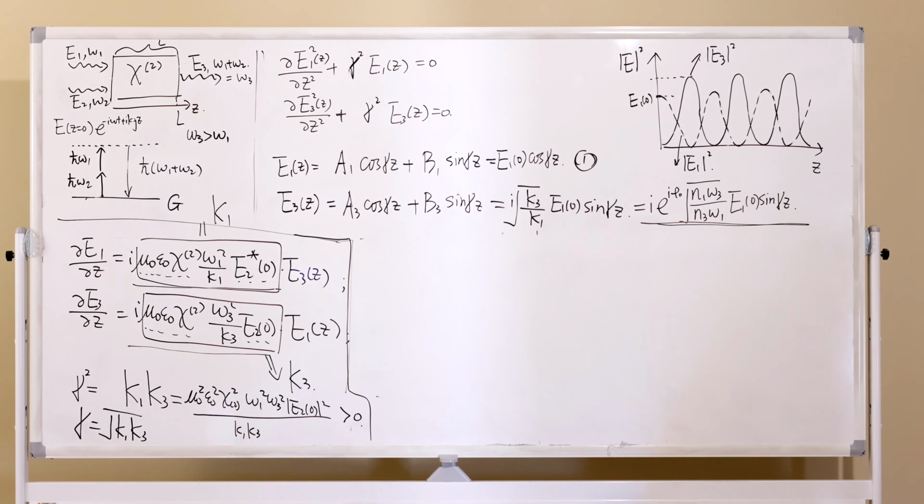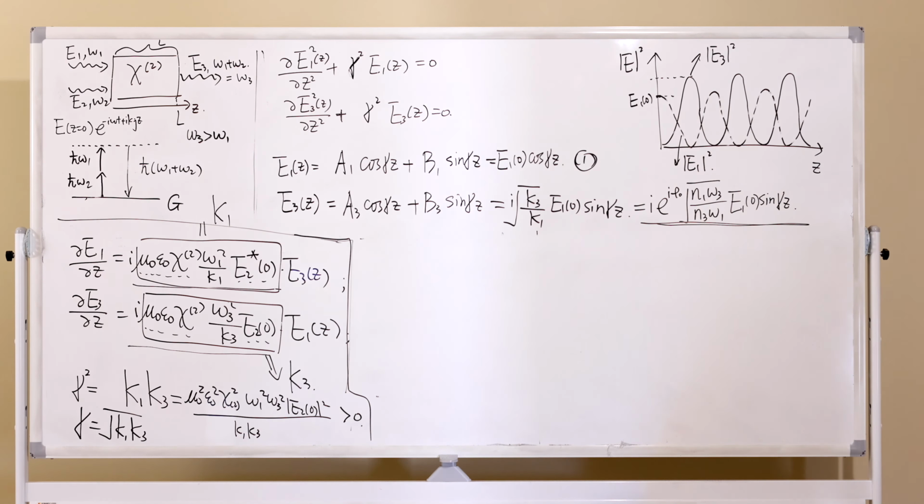right? So you kind of reverse the roles of E3 and E1. In this way, what you can expect is that these two waves will now start to generate E1.